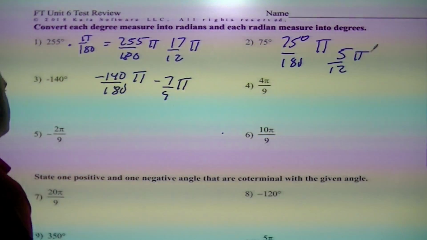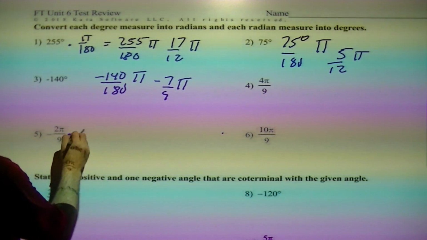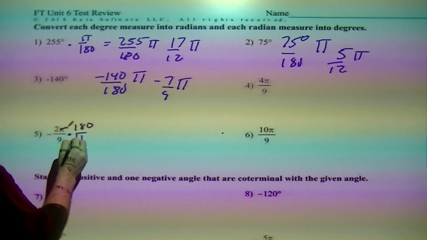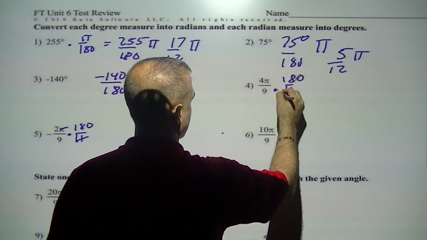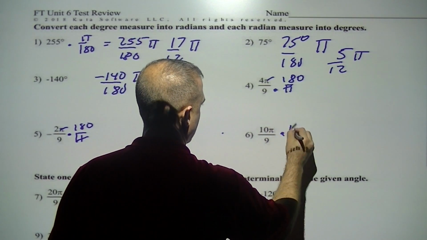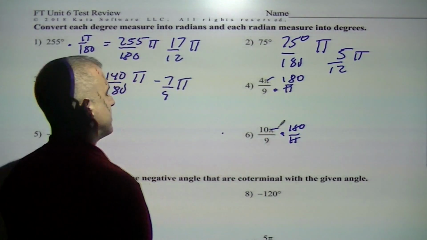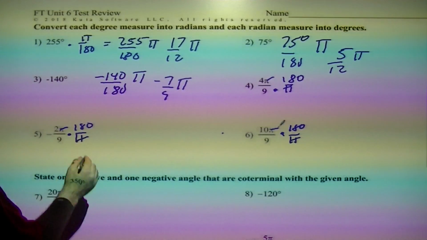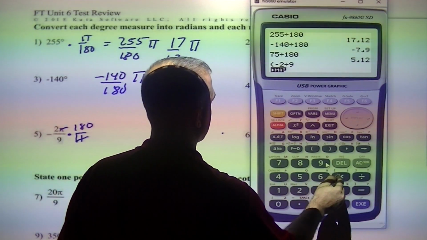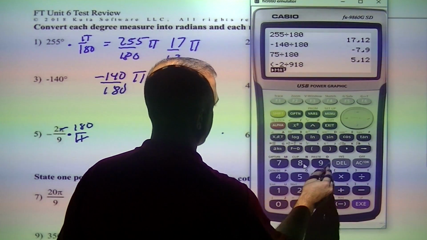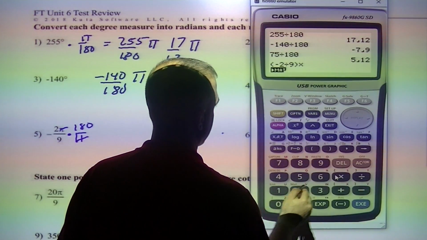Okay, to convert the ones to degrees, pretty simply, I'm multiplying by 180 over pi. In essence, the pi's get canceled out. And then all you're doing is basically multiplying the fraction times 180. So that would be negative 2/9 times 180.